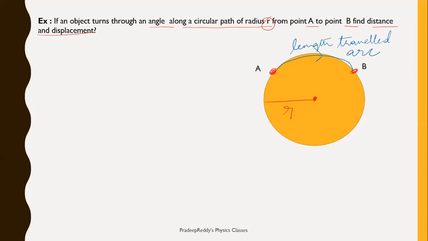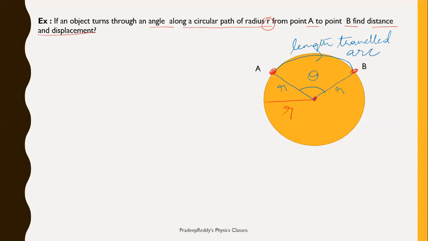In order to find out the length of this arc, I'll now join these 2 points. This length is also radius r. I will be considering this angle as theta. The total angle which it is covering is theta. He did not mention any value, so I am considering that as theta.